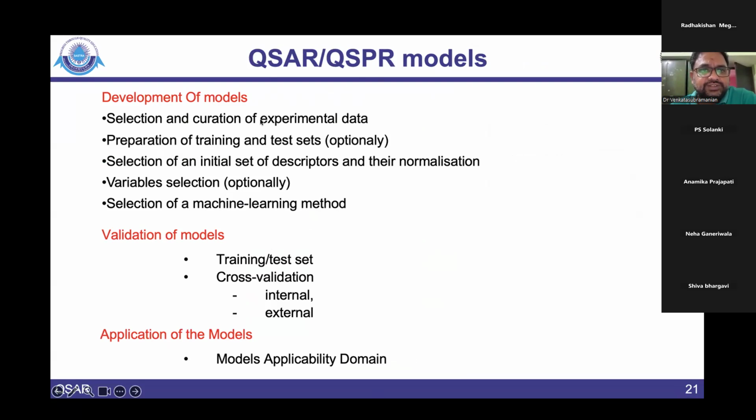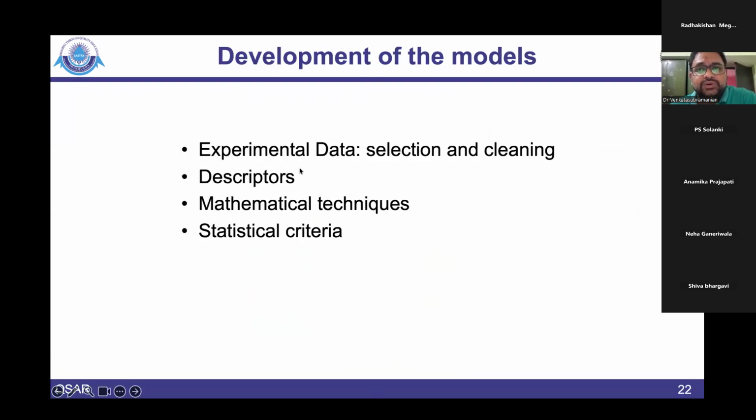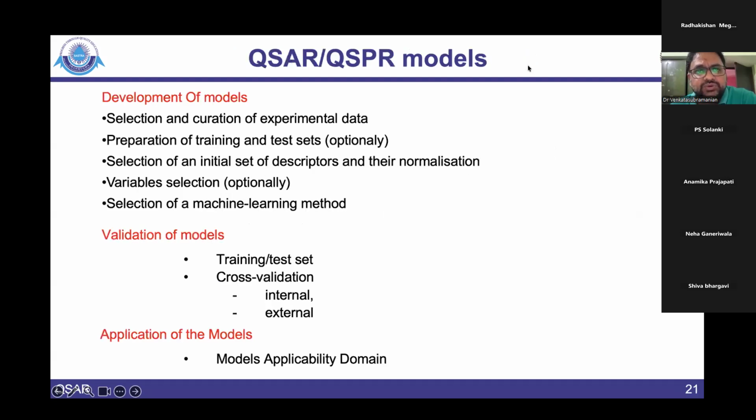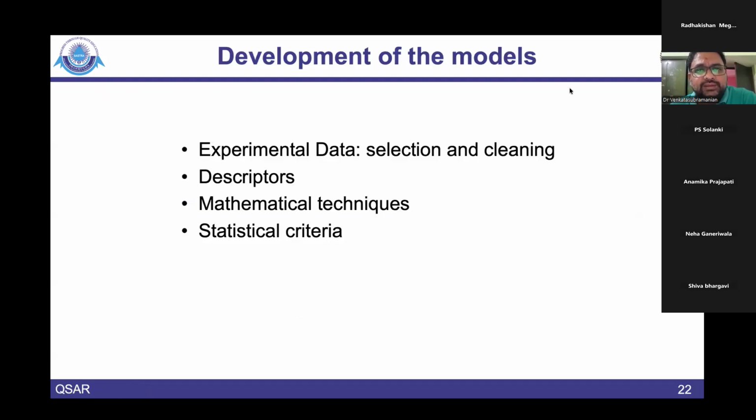Okay, so that's the first part that we have to select carefully. First is the experimental data that we have to select, and then we have to clean. We have to make sure that there is no obvious redundant data and other things, that we have to carefully remove and then clean it.